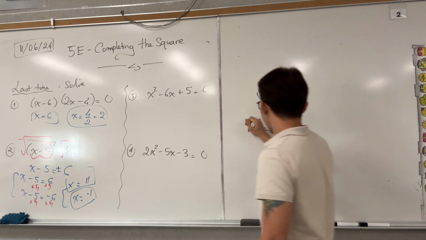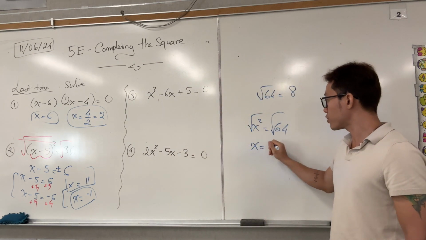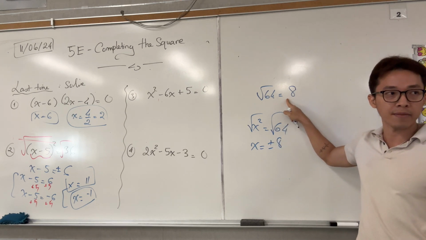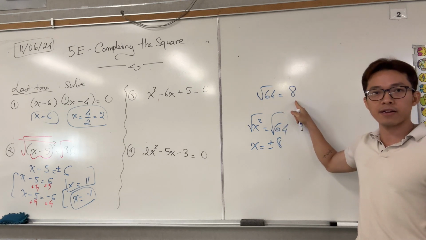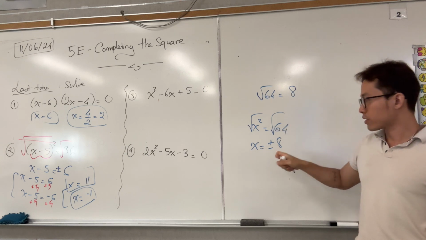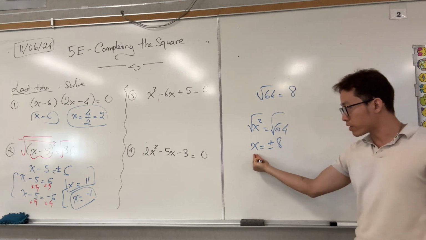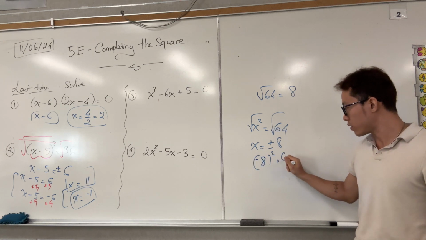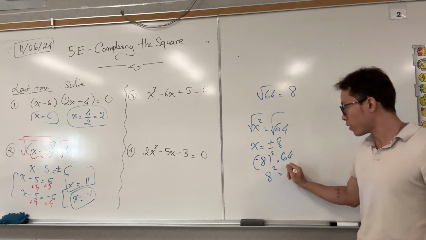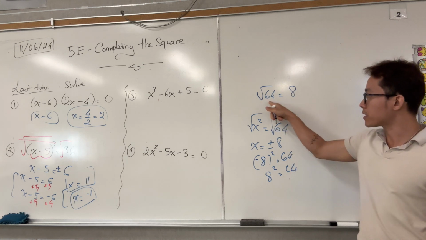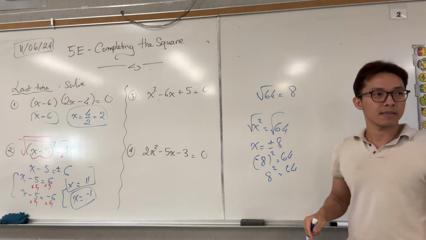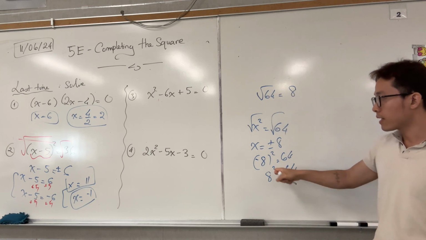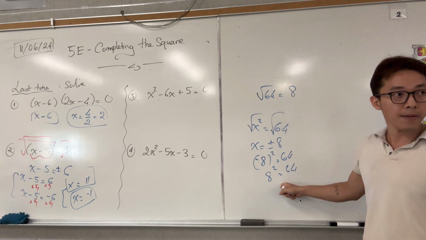So if you take the square root here, you get x equals plus or minus 8. Plus and minus only happen when you solve for x, because negative 8 squared is still 64, so x squared is also 64. But the square root of 64 is just 8. Does it make sense? So you don't have plus minus when evaluating, you only have plus and minus when you're solving it.